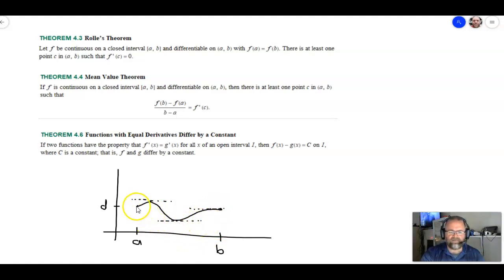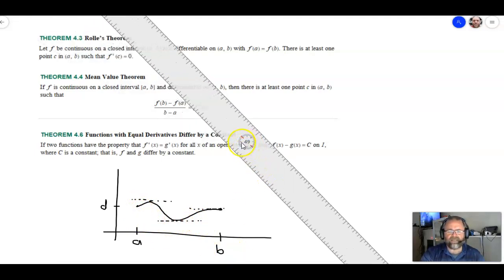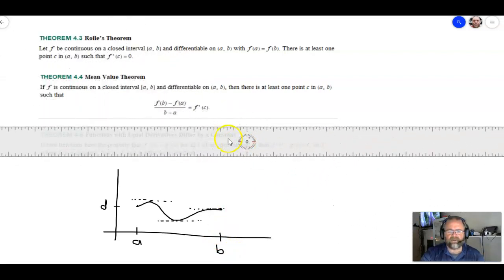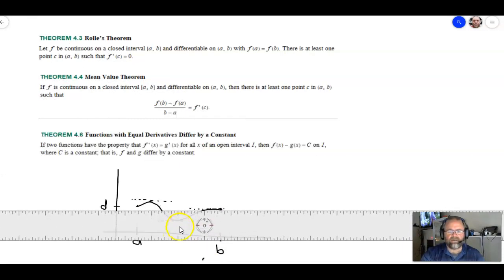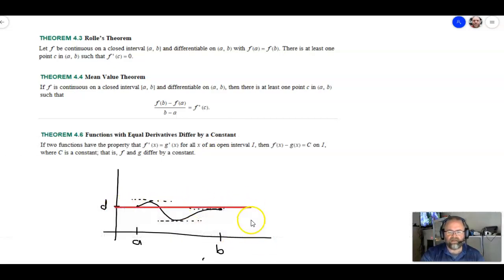And the way it's set up is if you look at the slope of this secant line going from a, d to b, d, I'll pretend that those y values are the same. But if we look at the slope of that secant line going through both of those points, that's also going to have a slope of 0.